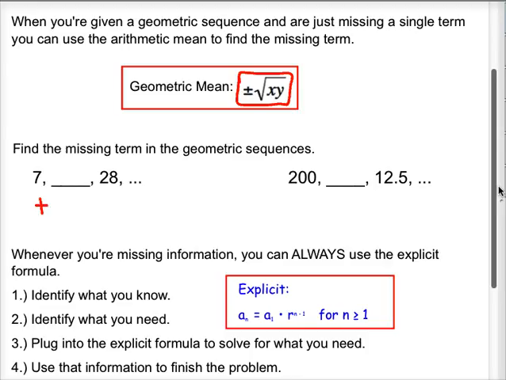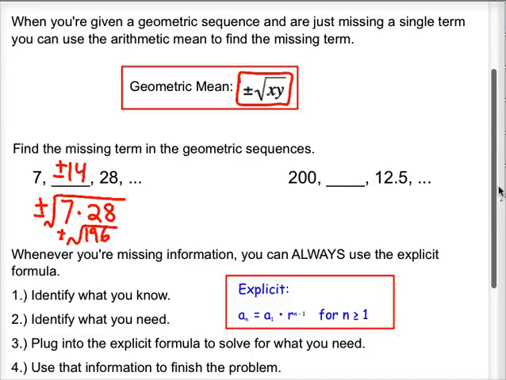So when it's given to you that you have a geometric sequence and you're missing the term, all you have to do is multiply those two terms, so 7 times 28, and square root of 196, you can use your calculator for, obviously, and you're going to get plus or minus 14.